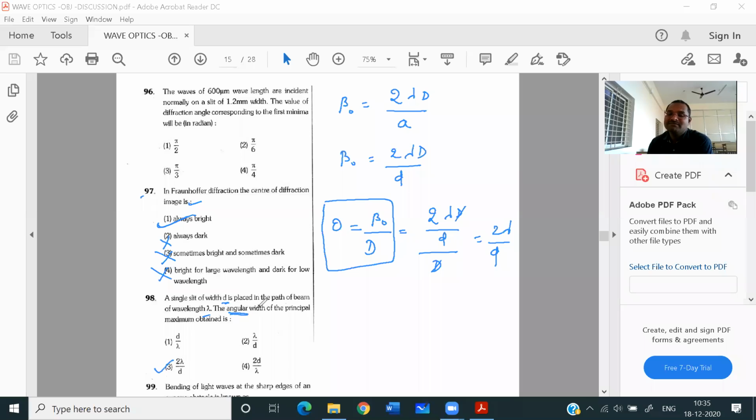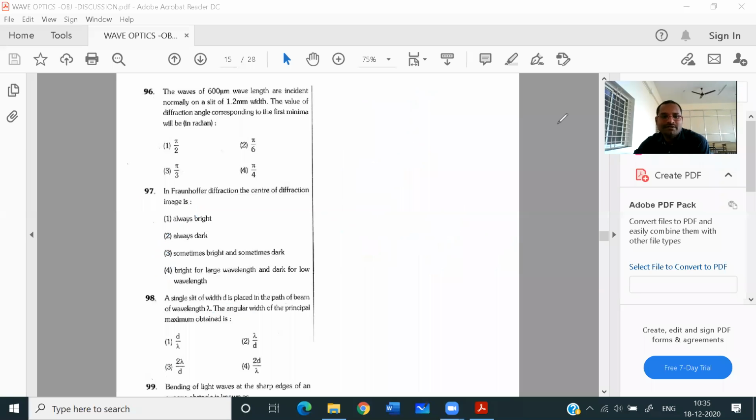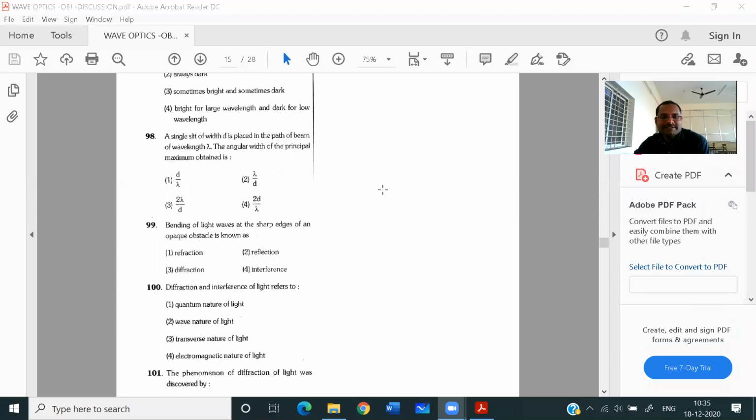Angular width means you divide the fringe width by the distance between the screen and slits. You will get the angular fringe width theta. This is also important, JEE students. 98 is over. Next. 99.